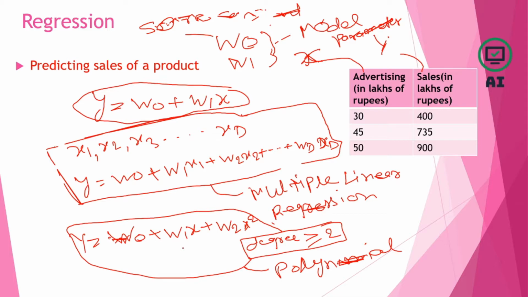This is typically a regression problem because sales, which is the target attribute, happens to be a continuous variable. That means it will take any real number as its value. Here, regression algorithms help us to build a model which relates the sales of the product with the money put on advertisement, with the goal of accurately predicting any future observation.